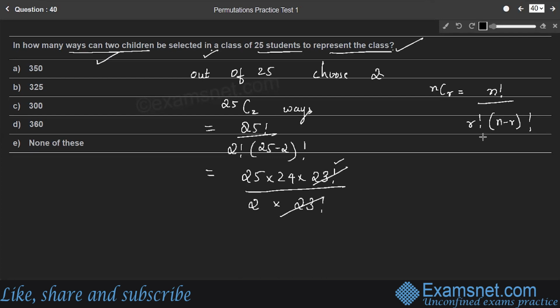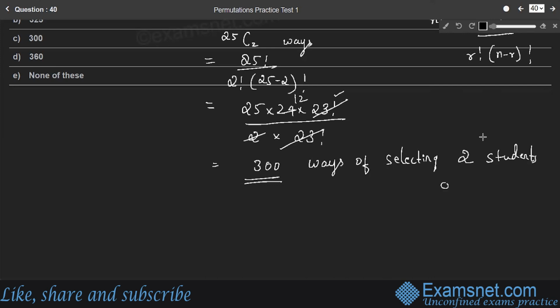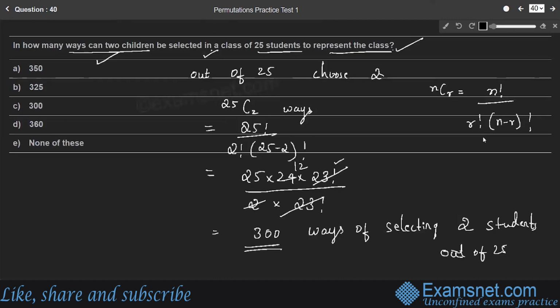So we can cancel 23 factorial and 23 factorial, and 24 divided by 2 is 12. So 25 into 12 is 300. There are 300 ways of selecting 2 students out of 25. Therefore, option C is the right answer.